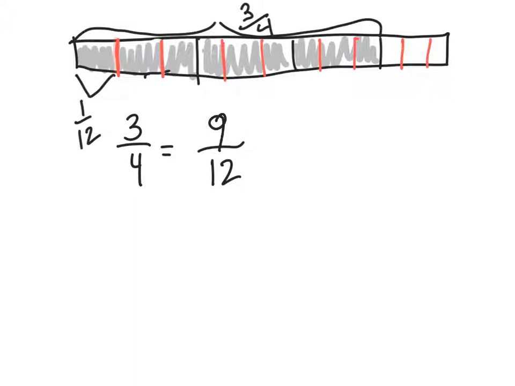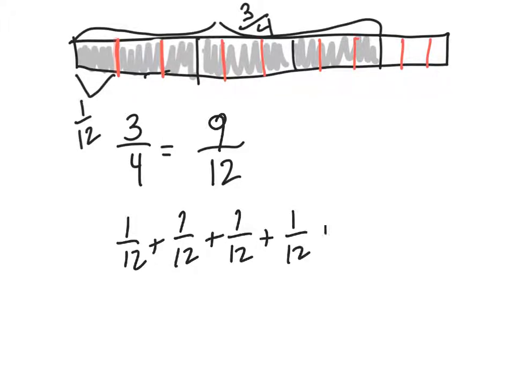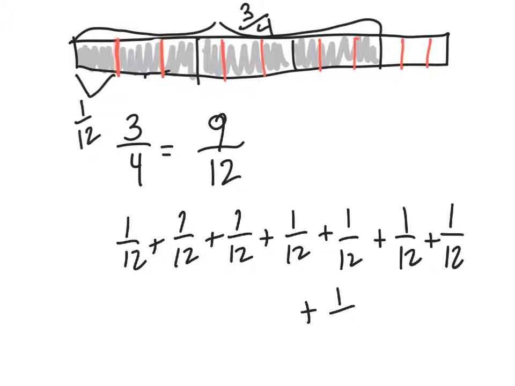And if we broke this down further, we would want to do 1/12 plus 1/12 plus 1/12, and so on. That's how we decompose it. So 3/4 is equal to 9/12.